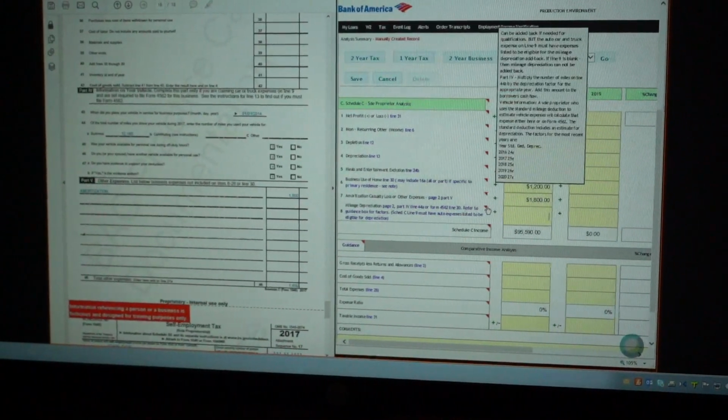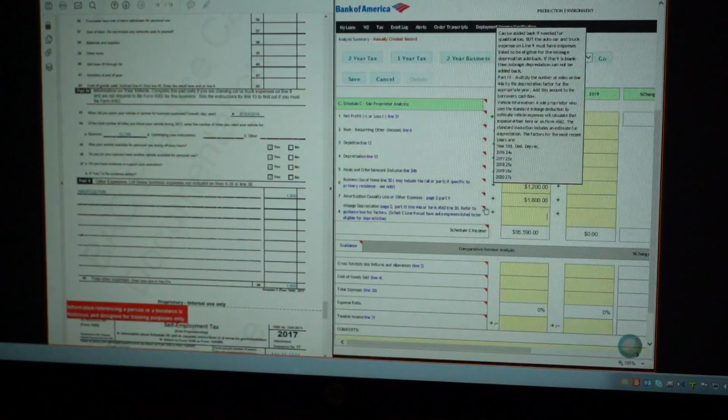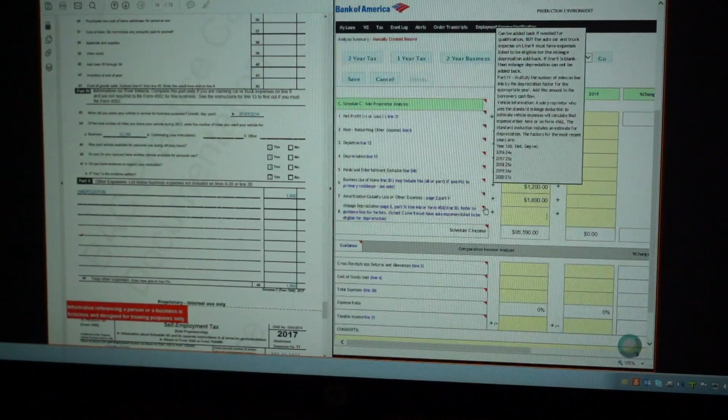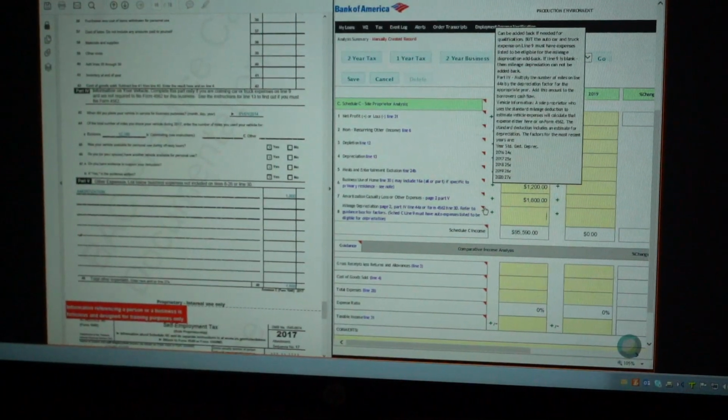So right here, it's telling me to use 24 cents for 16, 27 cents for 17, 25 cents for 18, 26 cents for 19. So obviously, I'm going to use 25 cents because that's what I have for 2018. I'm going to take my 12,180 and then multiply that times 25 cents.